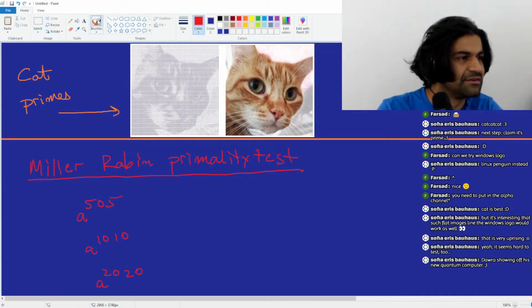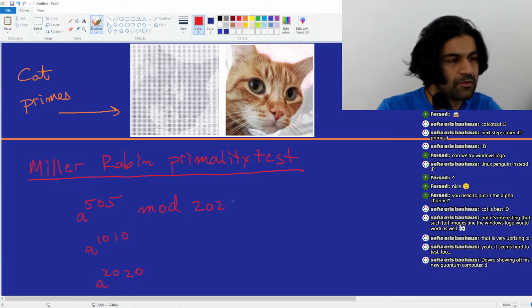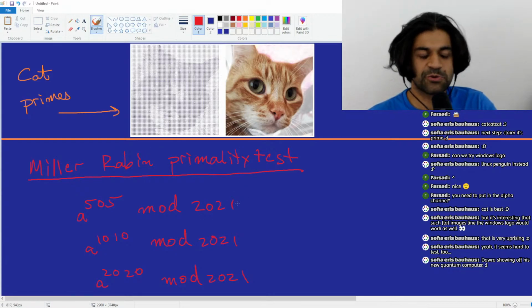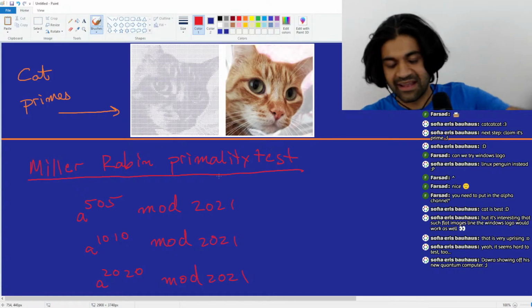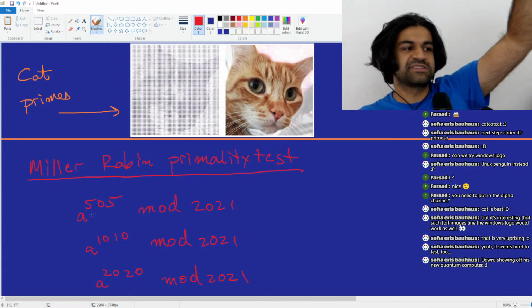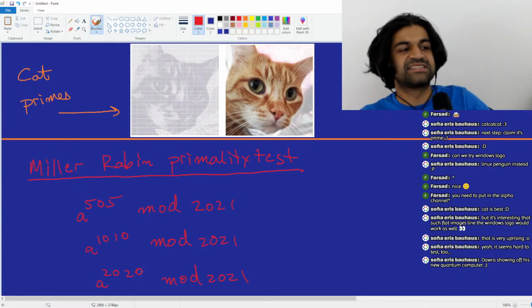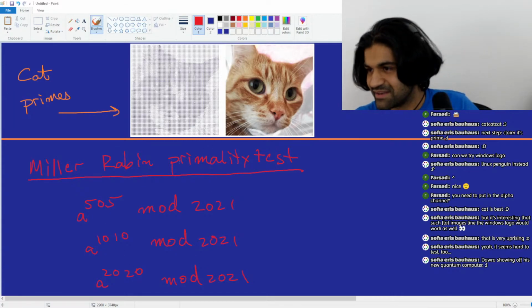This is the first number, the second number, and the third number. Let me know if that makes sense, or if you have any questions. This is very simple to obtain: take 2021, subtract 1, factor out as many 2s as you can until you hit an odd number, and then pick a random number and raise it to those powers, mod 2021.